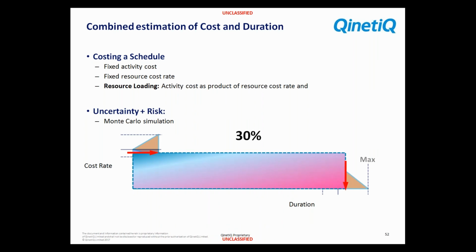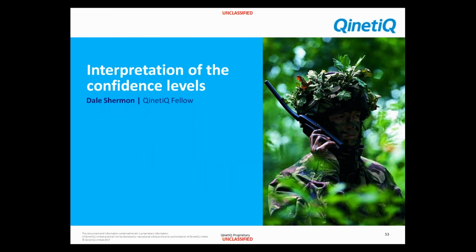So to understand the concept, we can actually consider the combination of schedules extending in time and cost extending as well. Now the important thing here is the interpretation of that when we consider what our confidence is and how we are thinking about this in terms of managing a project.